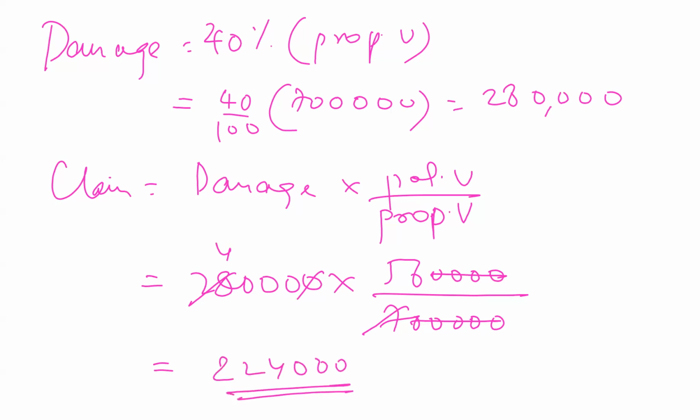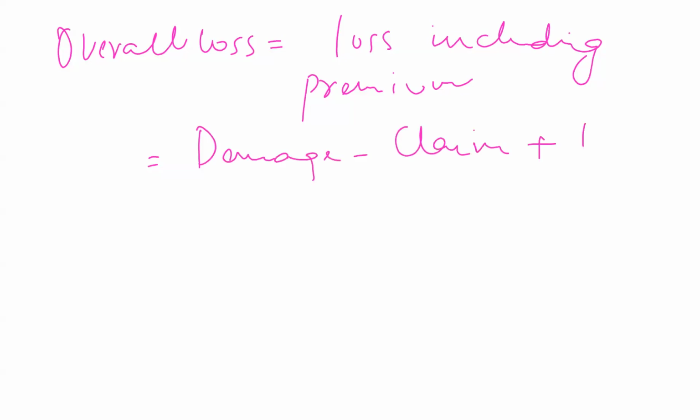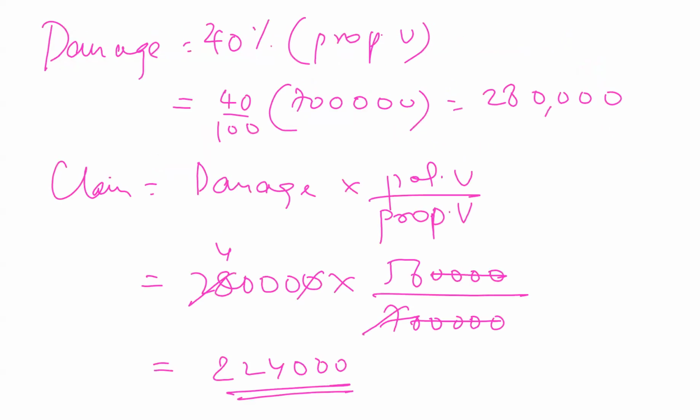Now, if you read the problem, they are asking how much loss the owner must bear, including the premium. So overall loss, that is nothing but loss including premium. We can write a formula for this: damage minus claim plus new premium, because he is paying as per the new rate, which includes a discount. 2,80,000 is the damage.